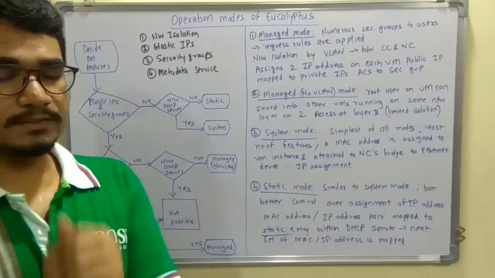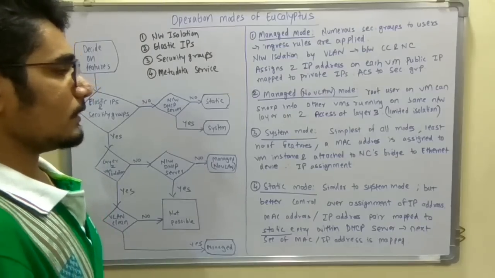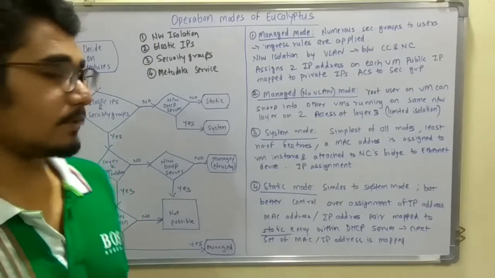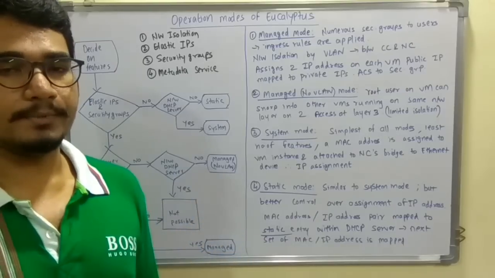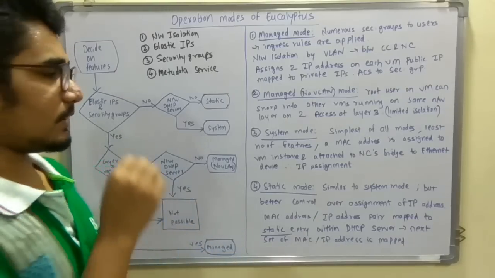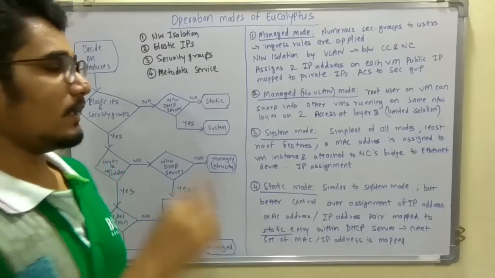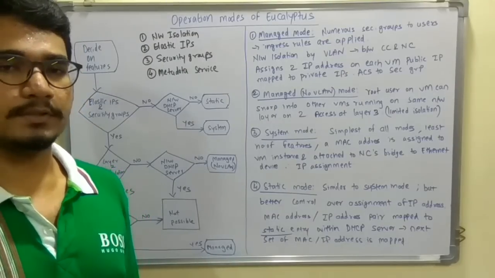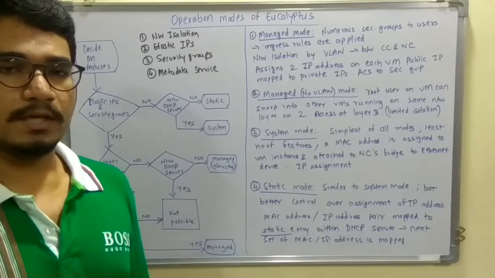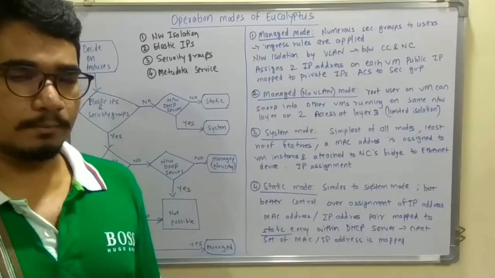And then comes the system mode, which is the simplest of all four modes. It has the least number of features available, but when it comes to assigning a private IP, this task becomes a bit difficult, because first of all it has to get a MAC address, that is a media access control address. This MAC address has to be configured to the VM instances, and finally it has to get attached to the node controller's bridge port.